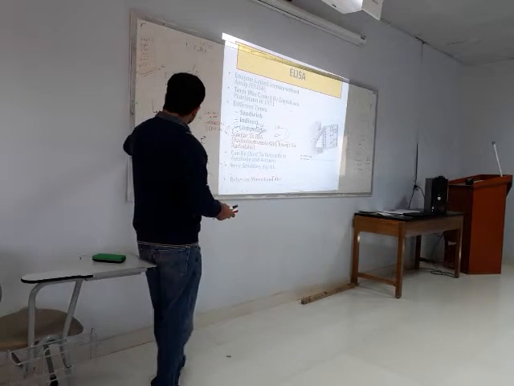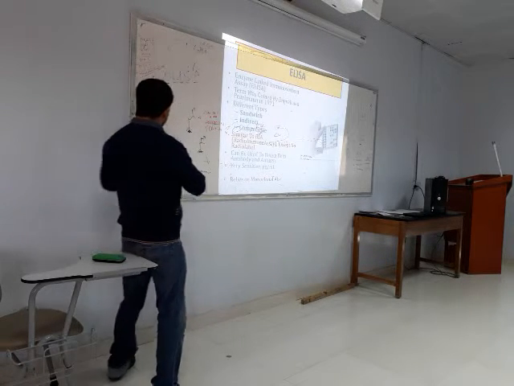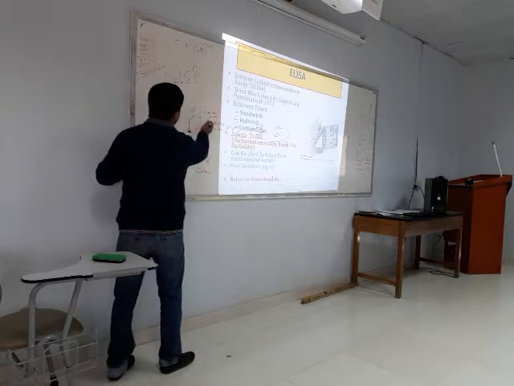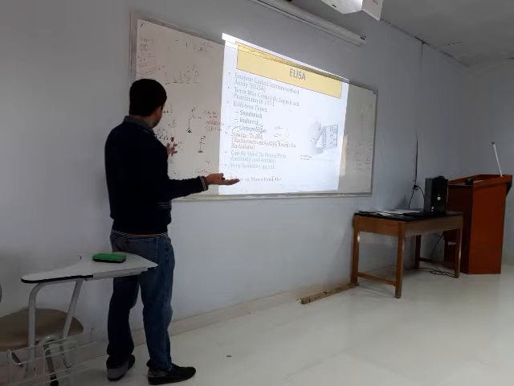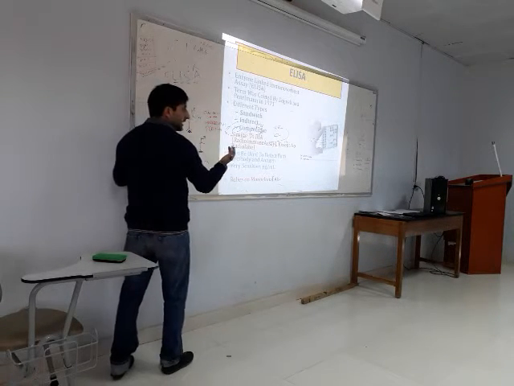This is called indirect. Now remove this. Direct enzyme linked: only one step. This is the enzyme, and you add the substrate here and see the color reaction. This is called direct. Now what is sandwich?